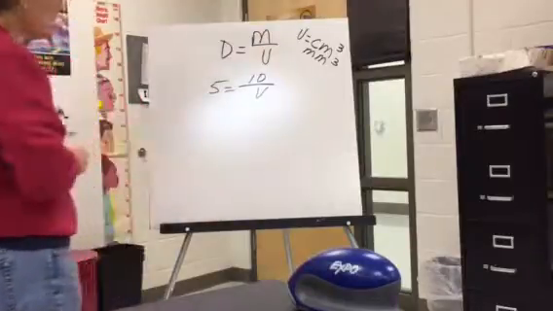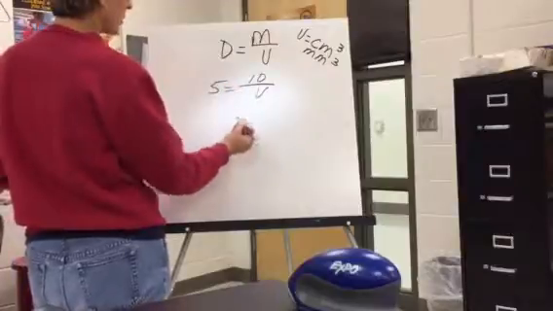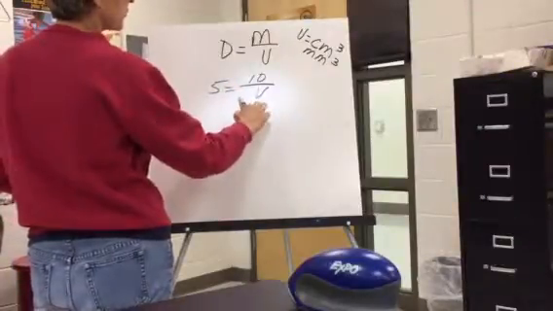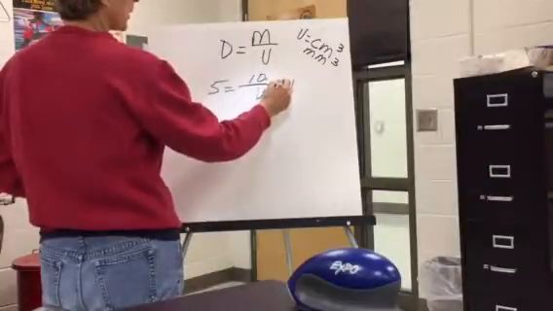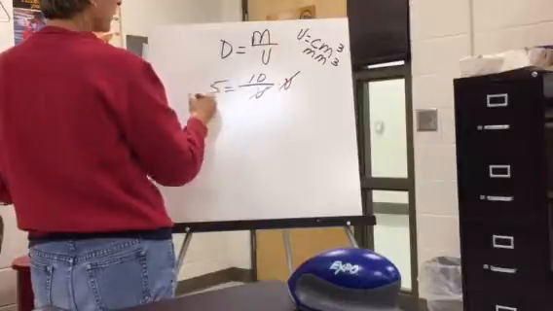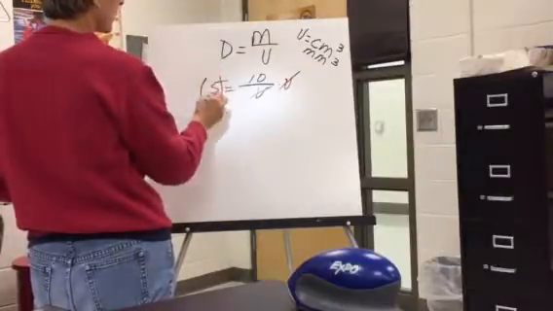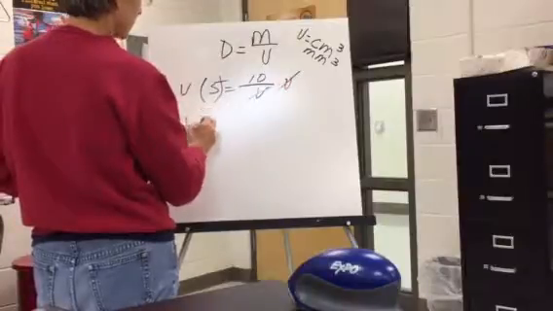Once again, we don't manipulate this formula beforehand. We logically work through this. To isolate the V, we are going to multiply by V. These cancel out. Whatever you do over here, you must do over here. So I'm going to move my V over here, and now I have something that looks like this.